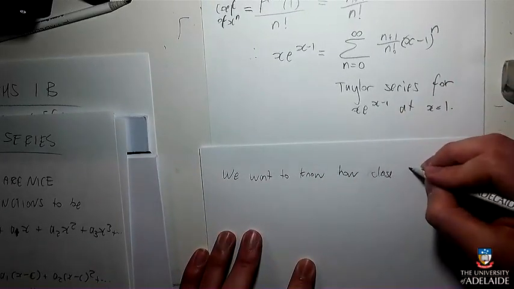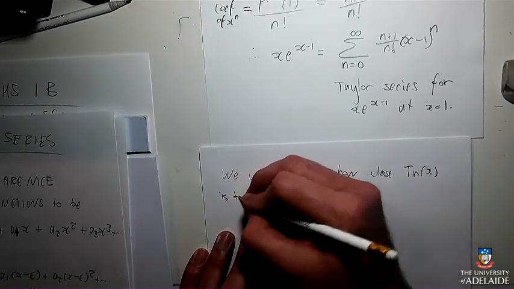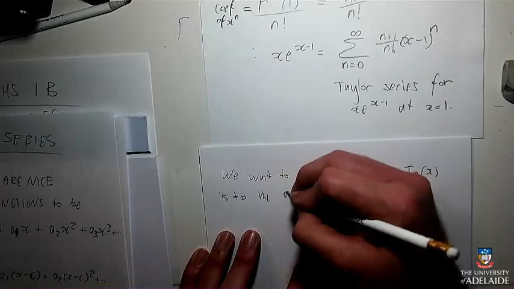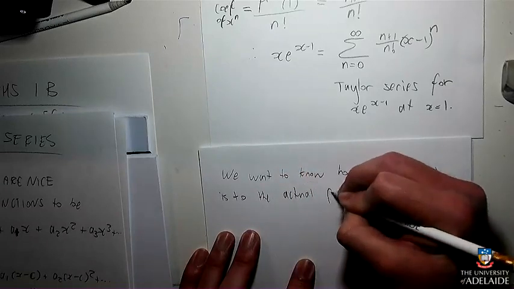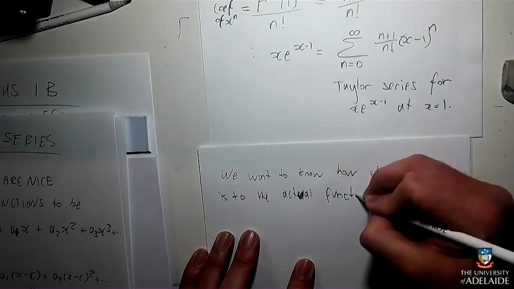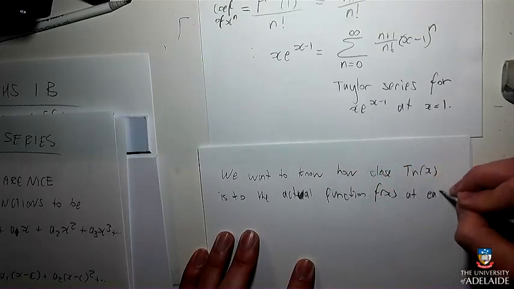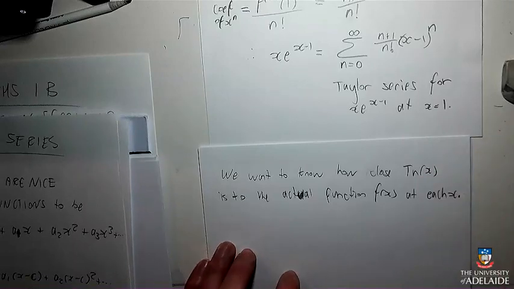How close the Taylor polynomial is to the actual function at each x. And usually it's only at one x that I'm interested in.